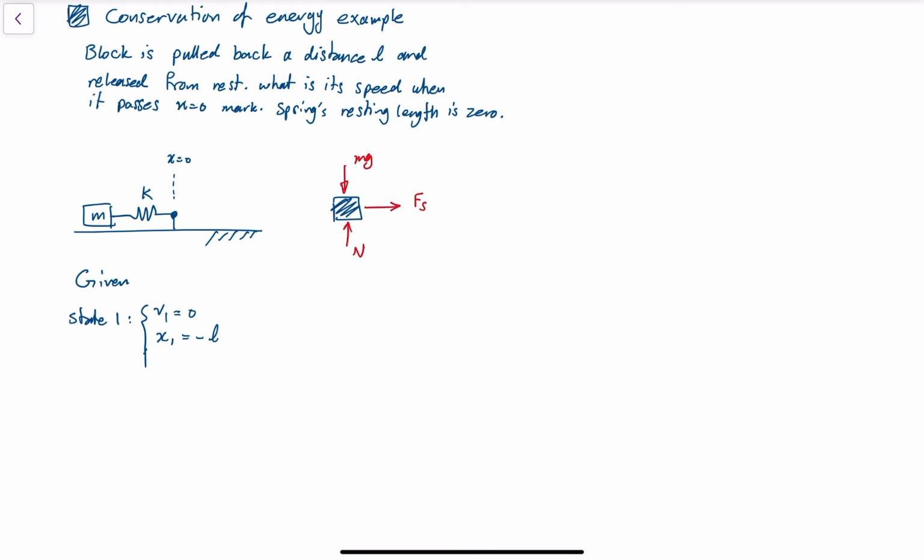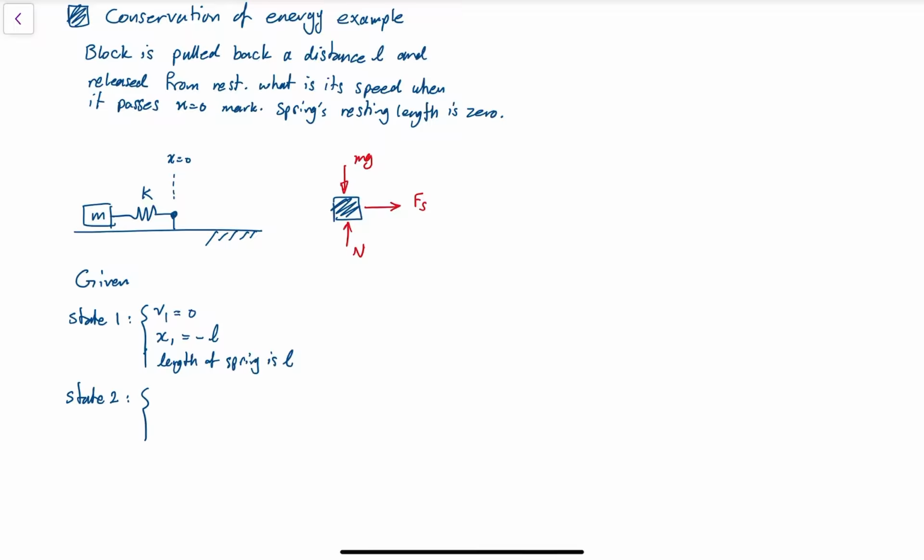Let's think another way. Length of a spring is L. This is a better way to summarize the same information, but in a more related way to what we are doing. I have another state I'm interested in, state 2.